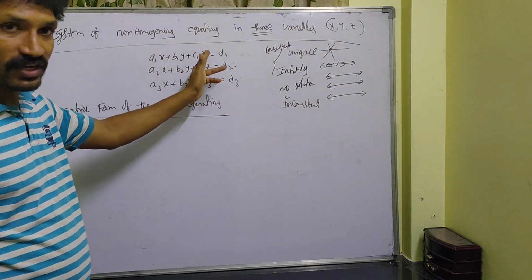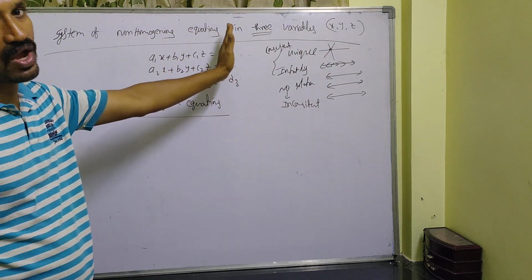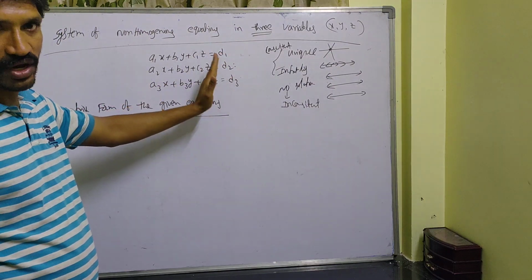If it is plus d1, transfer it to this side and you have minus d1, no problem, you can write it either way.